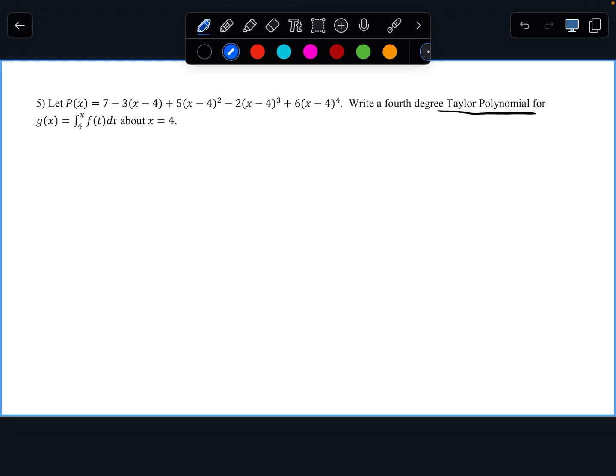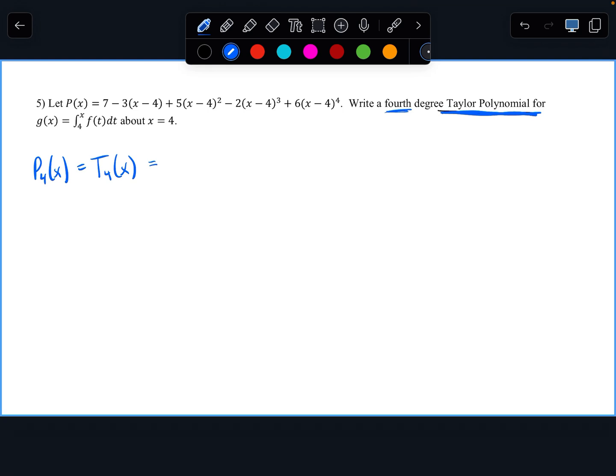Remember the notation for that. Sometimes they use p for polynomial, sometimes they use T for Taylor. You just roll with it. And I put a little 4 because they want 4th degree.